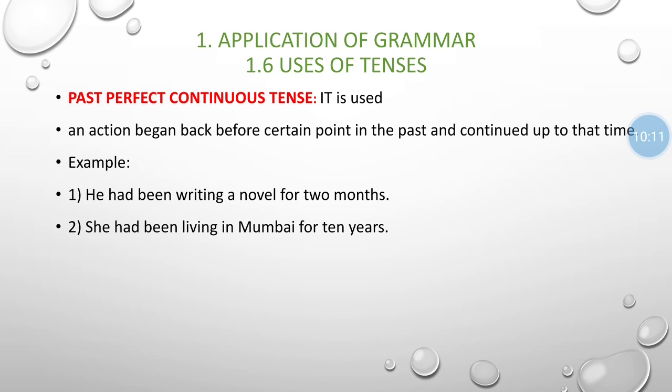For the last 2 months, he has been working on writing a novel. She had been living in Mumbai for 10 years. Such action is indicated by past perfect continuous tense.